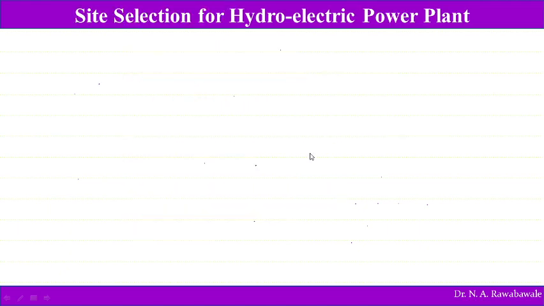Then, site selection for a hydroelectric power plant. Which kind of site has to be selected? The very first is that there must be a sufficient quantity of water available. Then there should be a proper water storage site. If there is only plain land, we cannot store water, so there must be a hilly section or naturally available sites where easy construction of a dam as well as storage of water is possible.